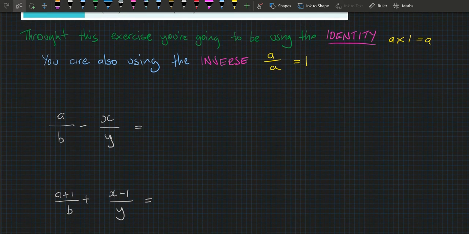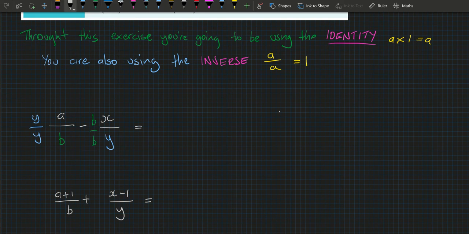So here's an example. A on B minus X on Y looks a lot like what I did in the last exercise, doesn't it? So I'm going to focus on the other denominator, okay? This has already got B in its denominator, but because of the Y here, I'm going to multiply this by Y divided by Y. And because this one here is B, I'm going to multiply this one by B on B. So I'm really just multiplying them by 1, aren't I?